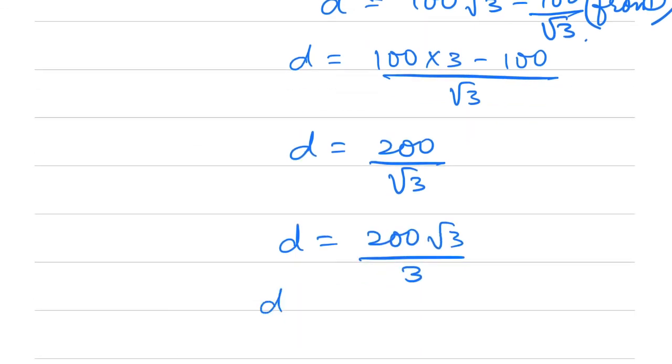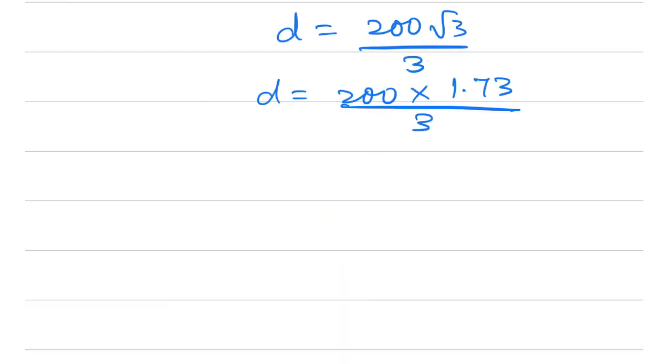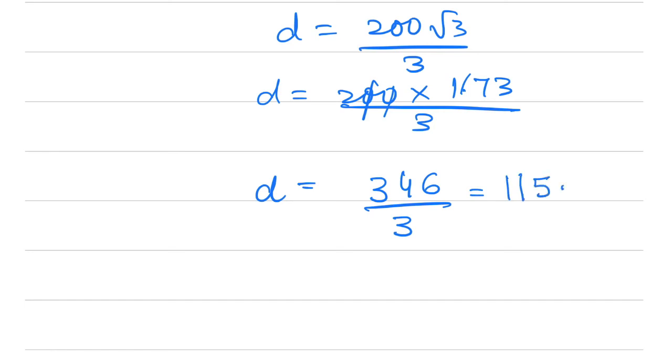So now D is equal to 200 into root 3, which is 1.73 as given in the question, divided by 3. Distance is to 2 decimal points. So 200 into 1.73 is 346, divided by 3, equals 115.33.